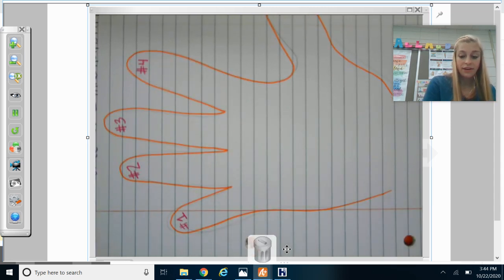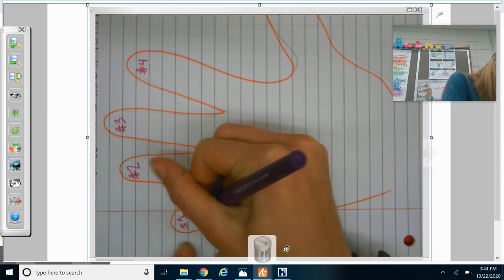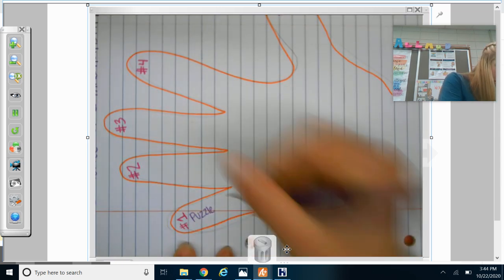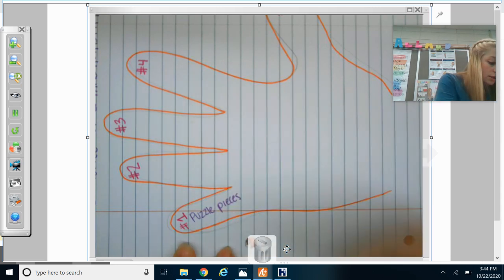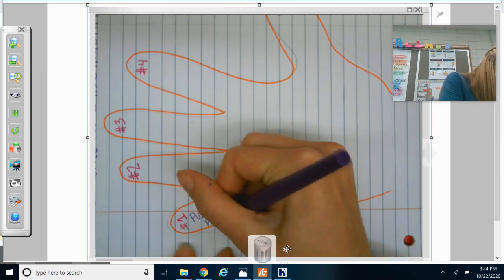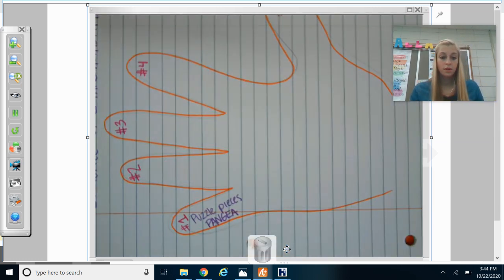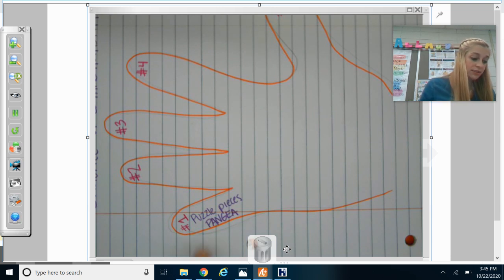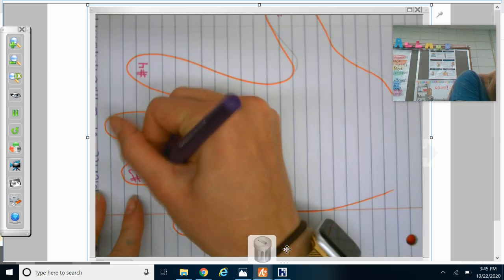The first piece of evidence was that the continents fit together like puzzle pieces, called Pangea. First piece of evidence: the continents fit together like puzzle pieces. We called it Pangea. The second piece of evidence he presented was fossil evidence.